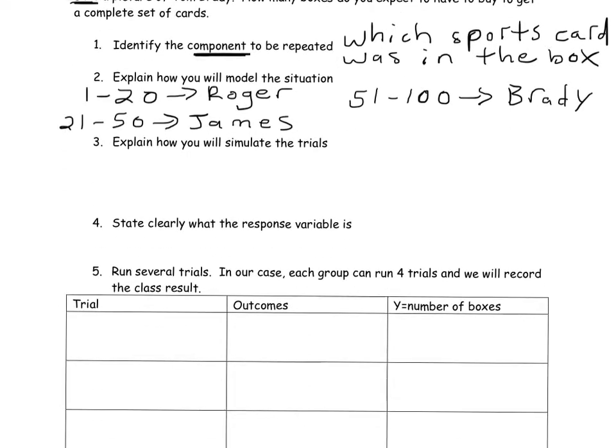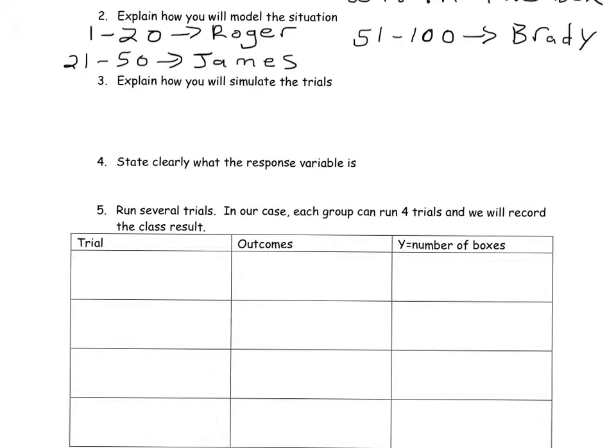So explain how I'm going to simulate the trials. I'm going to do randInt(1, 100) on my calculator. That's going to give me a random number between 1 and 100. And I'm going to pick random numbers and then write down what sports card that would correspond to in the box of cereal.